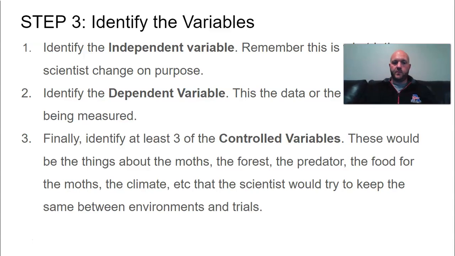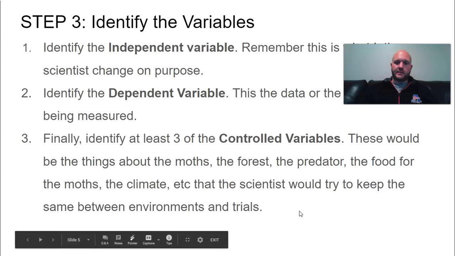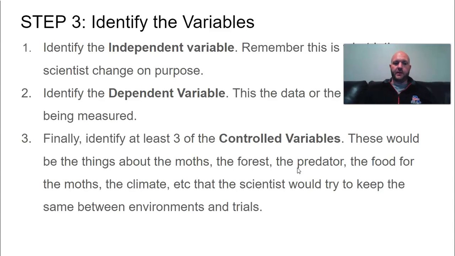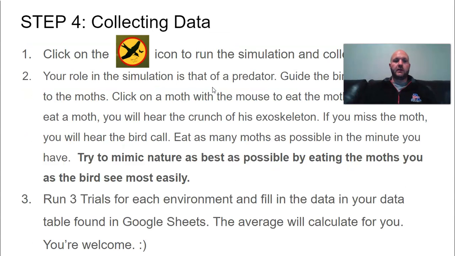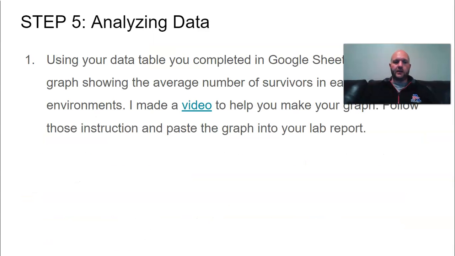Then there are the controls, things that stay the same: the forest, the predators, the amount of time, things that are the same between the two. So again, independent variable, what's the difference? Dependent variable, what are you measuring? And go from there. Then you will run 3 trials.